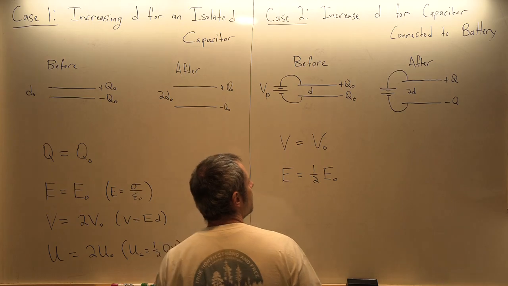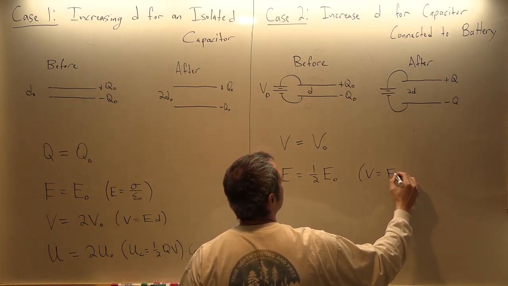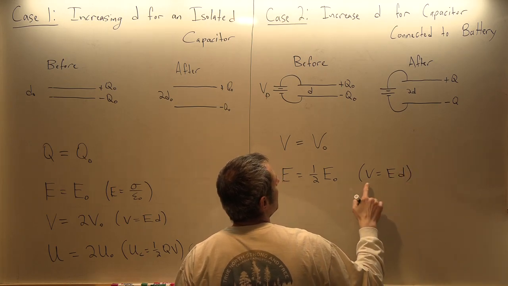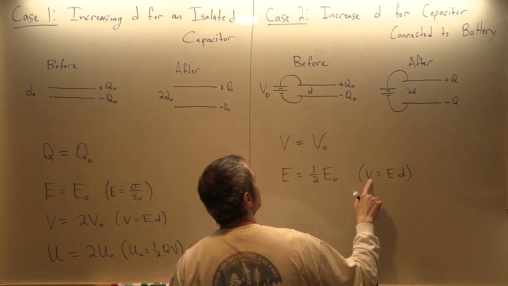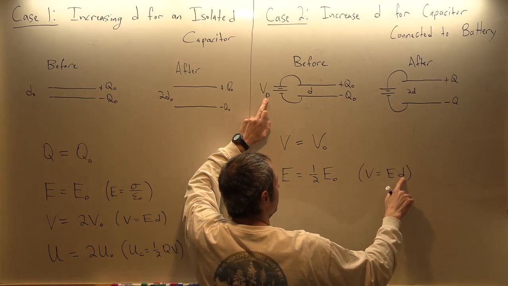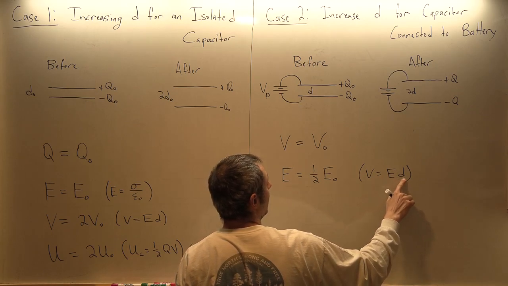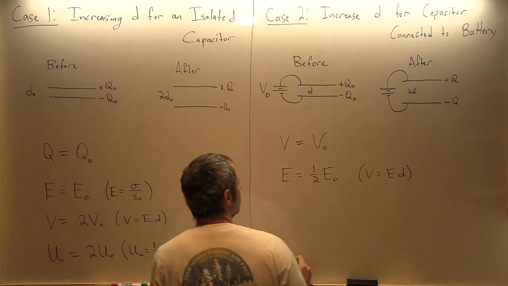How do I know that? Well, remember, voltage is electric field times distance. If this is staying constant because of the battery, then if this increases, that has to decrease by the same proportion. Doubled, half the electric field.